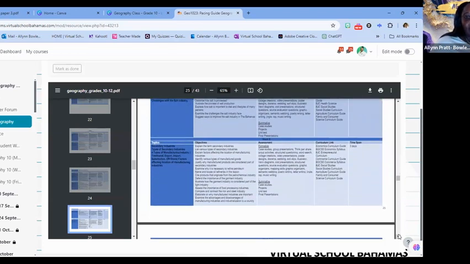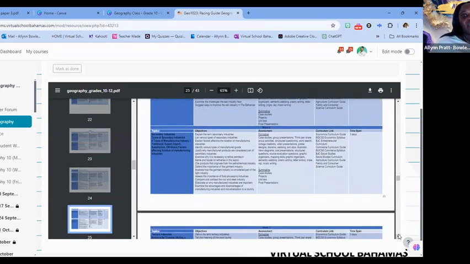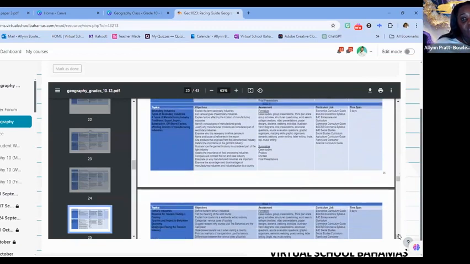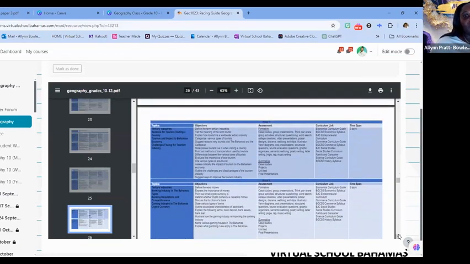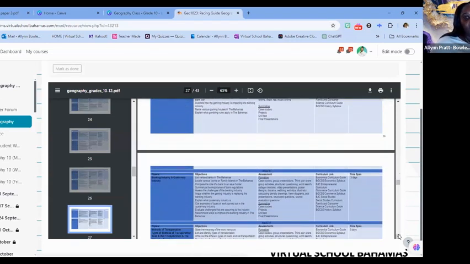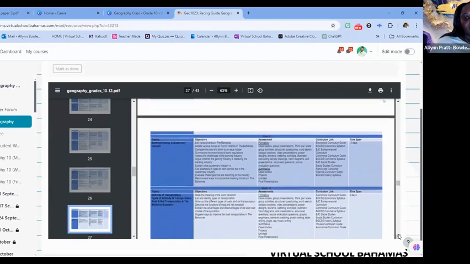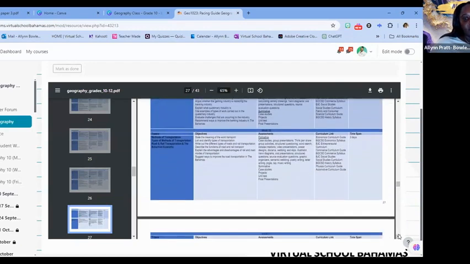We also do secondary sources, for example, the manufacturing industries, and we also do manufacturing industries on a global scale. Talk a little bit about tertiary level industries, tourism being our number one, banking, and then we also do transport.